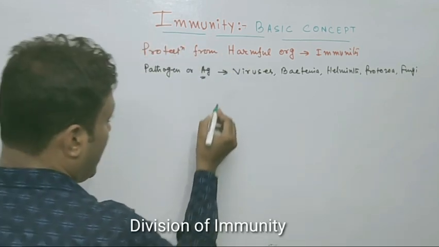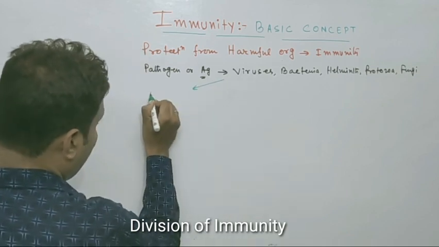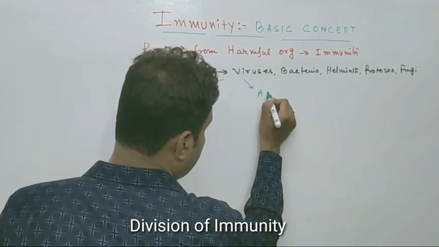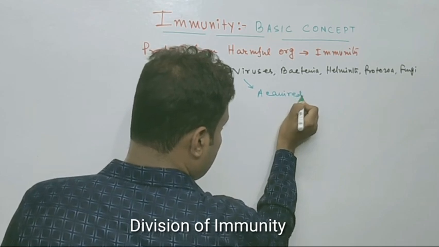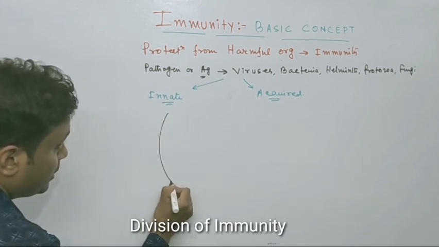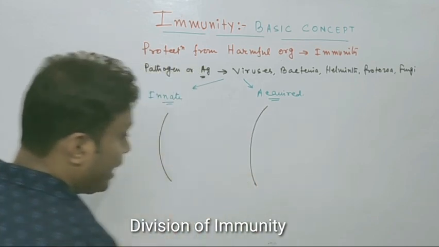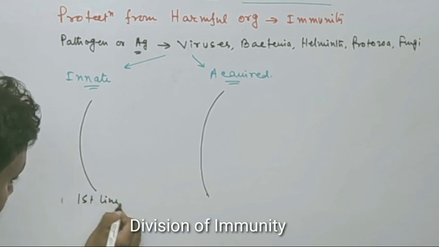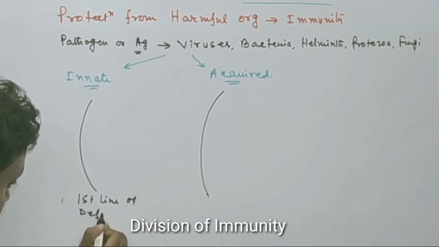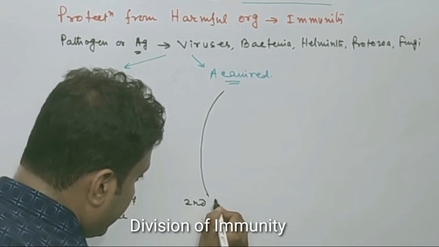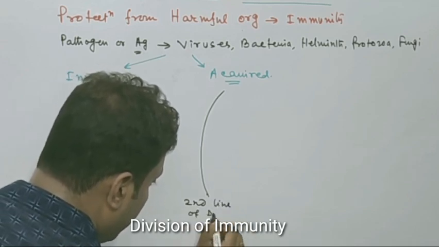The immunity can be divided into two broad categories. One is innate immunity and another is acquired immunity. Innate immunity is considered the first line of defense, and acquired immunity is considered the second line of defense.